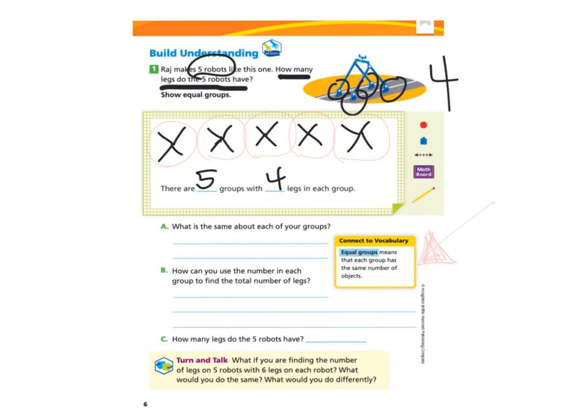When you're back, question B, how can you use the number in each group to find the total number of legs? So we're noticing that each group has 4 legs, and there may be different ways that you are going to solve this, but one way is that you can count by 4s.